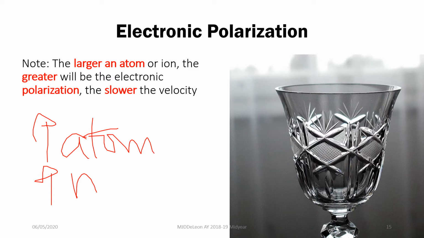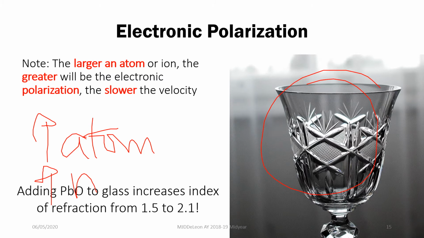So we can see this in this kind of glass here. Itong glass na to, this is what we call lead glass. In lead glass, the addition of lead oxide, lead is a big atom compared to the silica in glass. This actually increases the index of refraction from 1.5 to 2.1, which changes the optical properties of our glass.